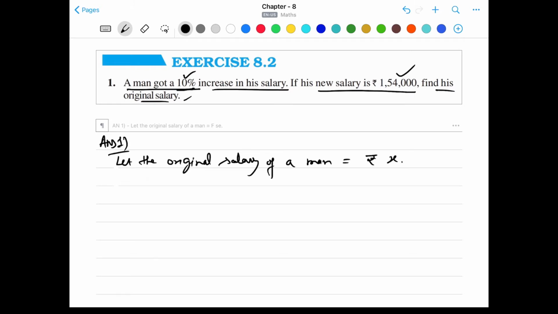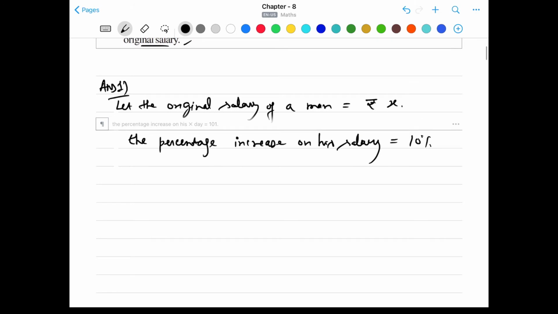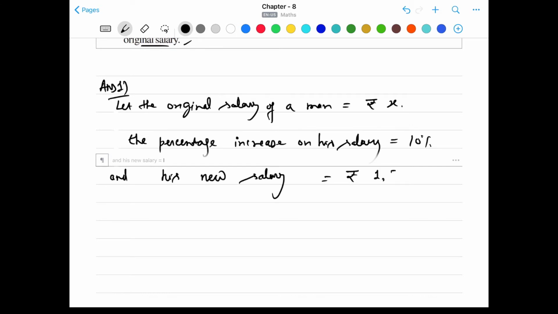We are given that the percentage increase on his salary is 10%, and his new salary is given as rupees 1,54,000. And we are asked to calculate his original salary.